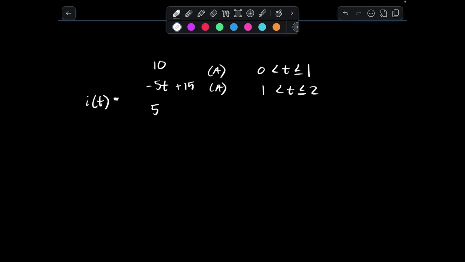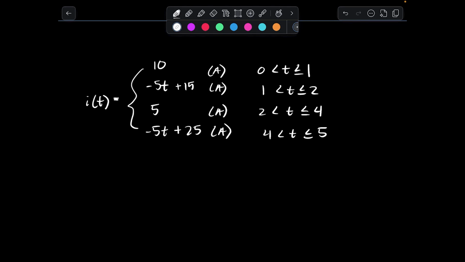And between 2 and 4, we have 5 amps. And between 4 and 5, we have negative 5t plus 25 amps. And this is our piecewise function.